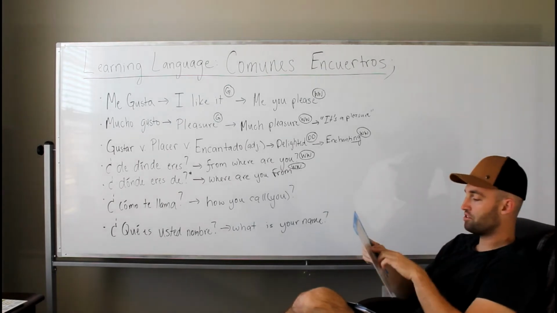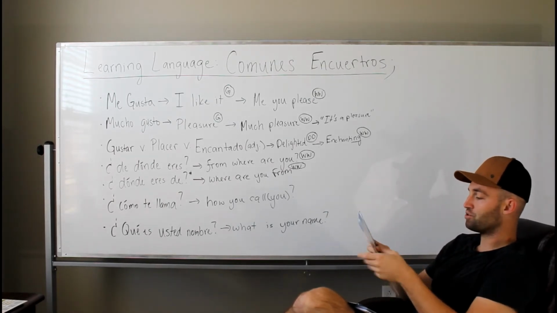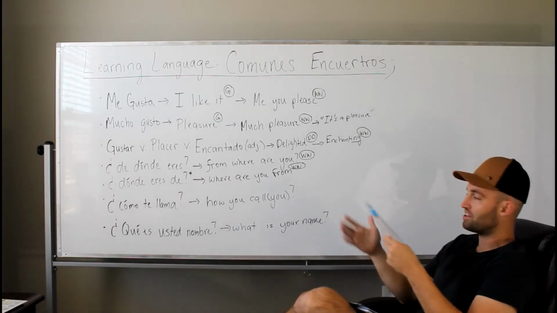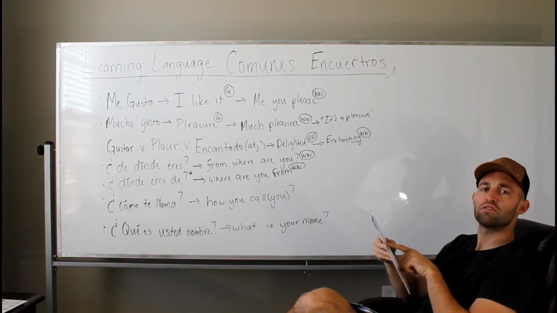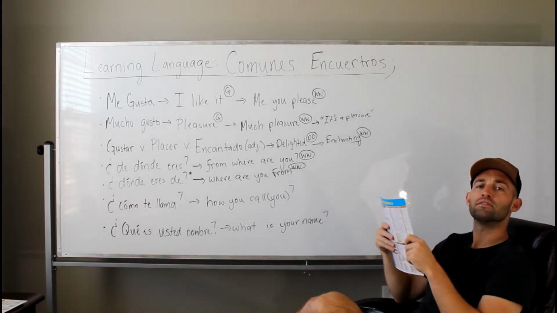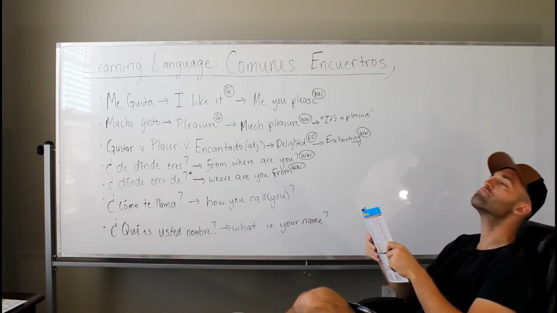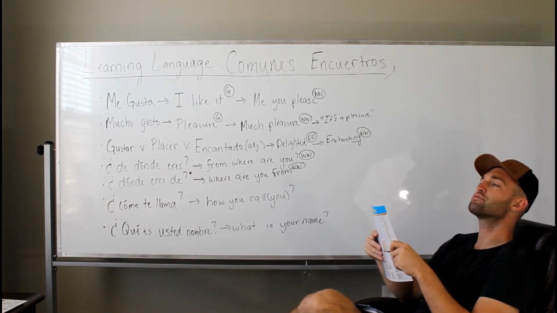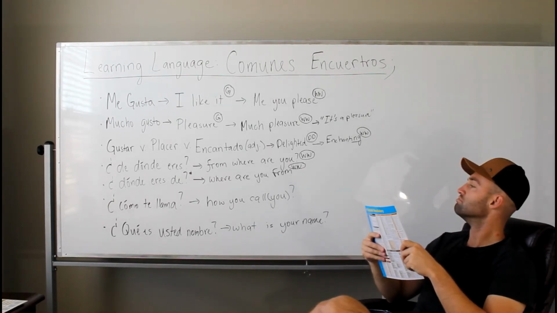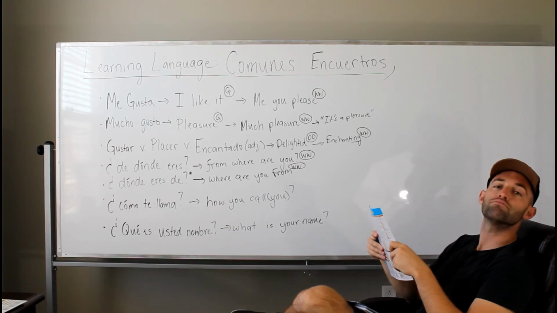Literally word for word, me llamo. Again, the direct object being in front of the conjugated verb is the only slight difference from English structurally. But me, I call Brad. Me llamo Brad. Me llamo Brad Alvarez de Mexico. Hola.